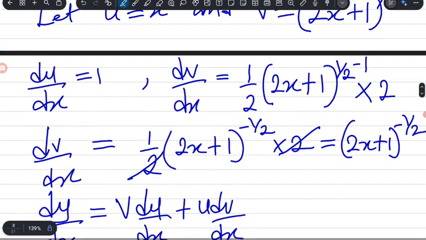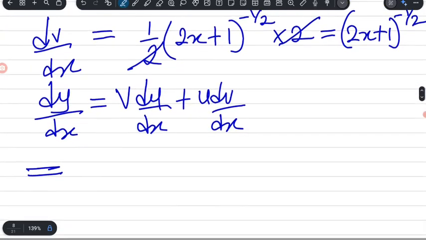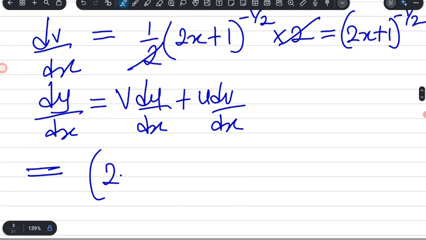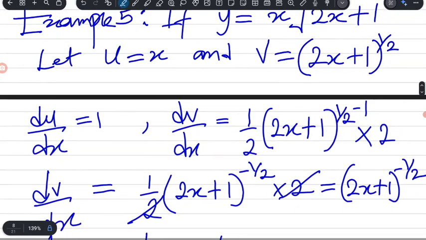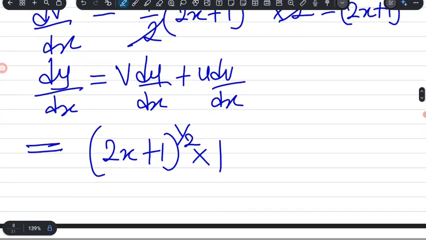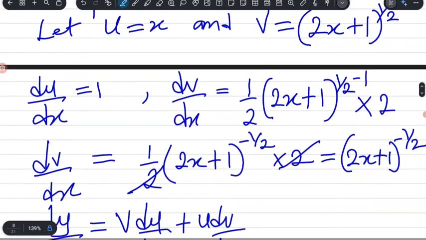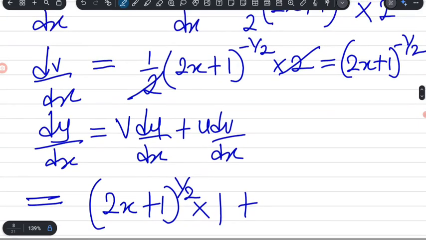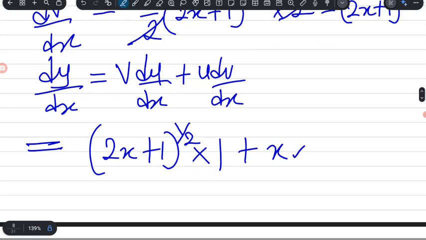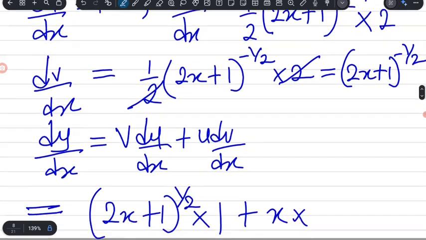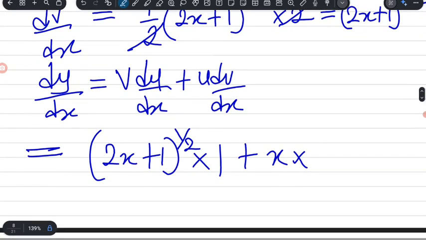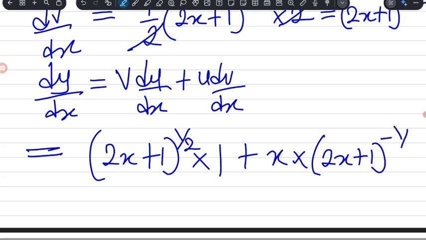Now, our v from the question is (2x plus 1) raised to power half to multiply the du/dx, which is 1, plus our u is x, to multiply the dv/dx, which is (2x plus 1) raised to power minus half.